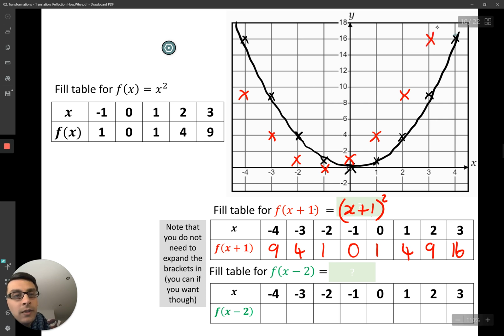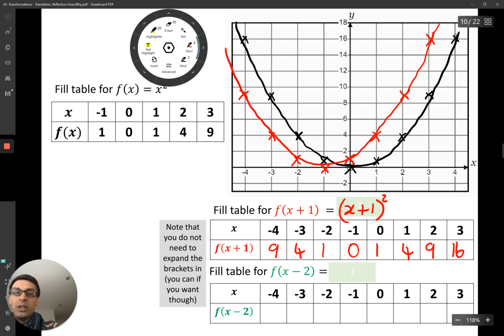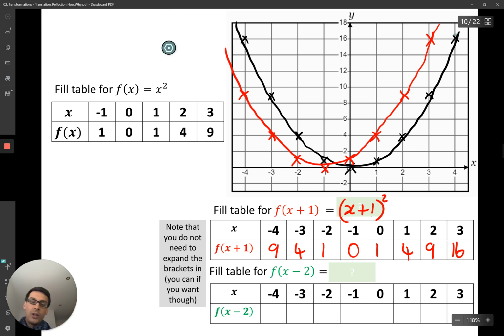And we can just finish off the curve here. So that graph has shifted 1 unit to the left. Let's see what happens when we do f of x minus 2. Well, that just means x minus 2 all squared.